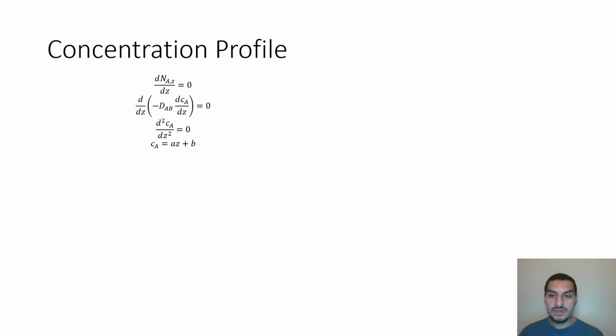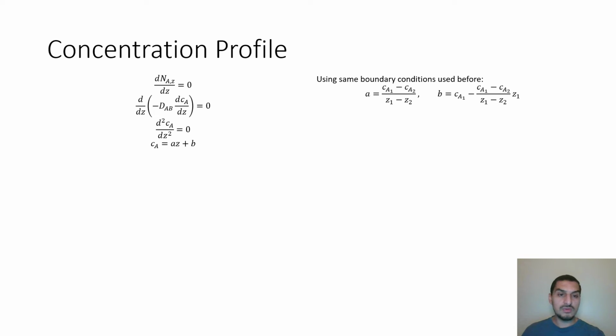If you integrate it twice, it's going to be a linear relation that CA equals AZ plus B. And using the same boundary conditions that we used before, we will find that A equals CA1 minus CA2 divided by Z1 minus Z2, and B equals CA1 minus this slope multiplied by Z1. By substitution, we can find that this is the relation that we know for CA with Z.